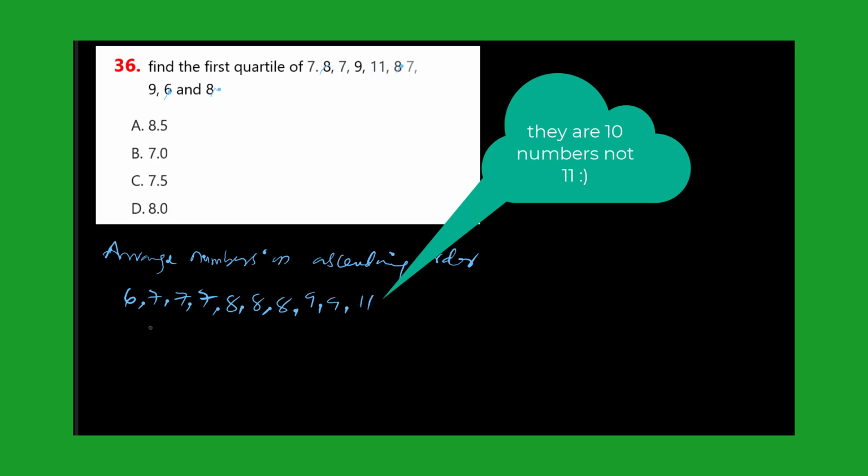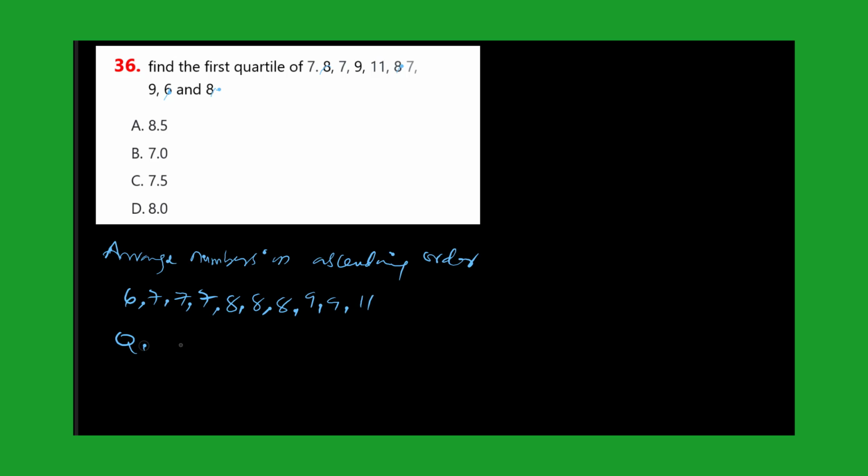So the formula for the first quarter, which is denoted by Q1, equals n plus 1 all over 4, where n equals the number of terms. So our n here equals 10.